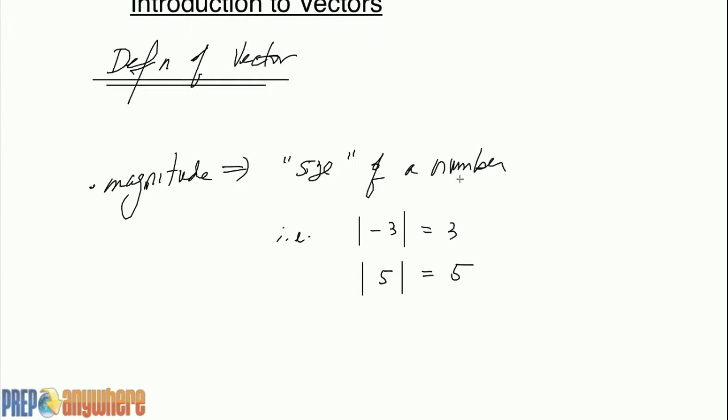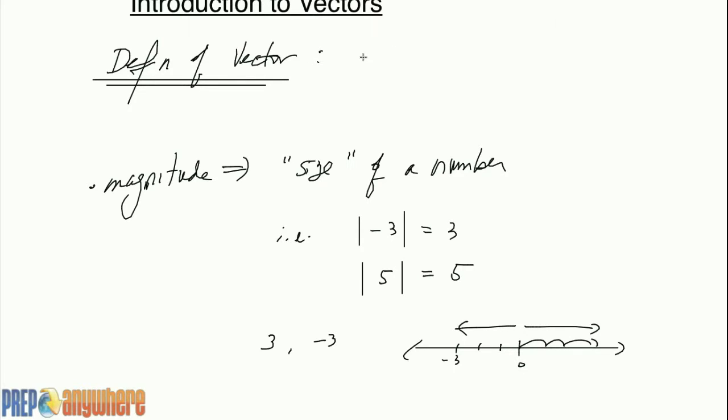Now on a number line, 3 and -3 sort of have direction, right? On a number line, 3 means 1, 2, 3, to the right, a direction to the right. -3 means -1, -2, -3, this way, right? So integers have 2 directions, positive direction and negative direction.